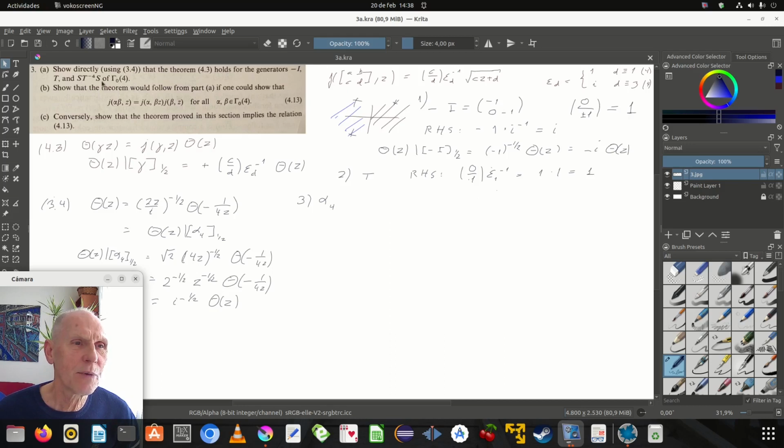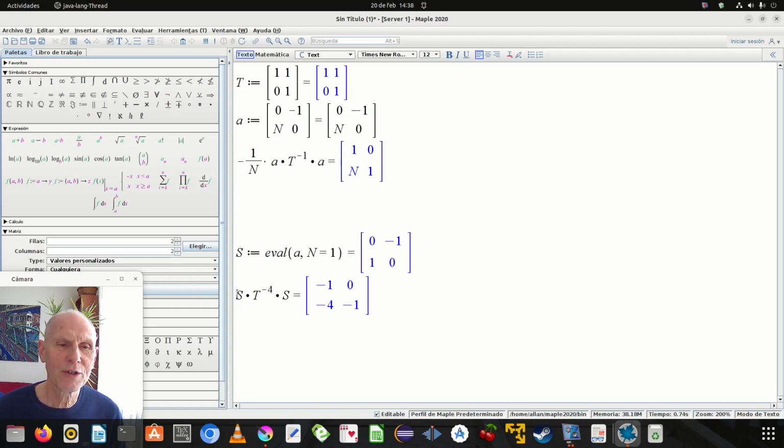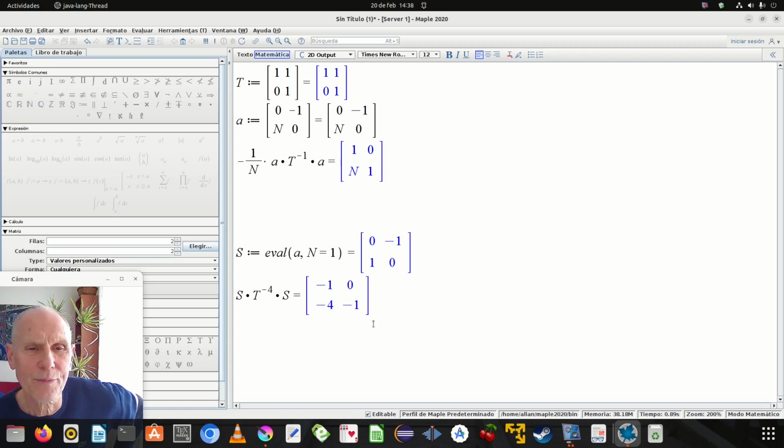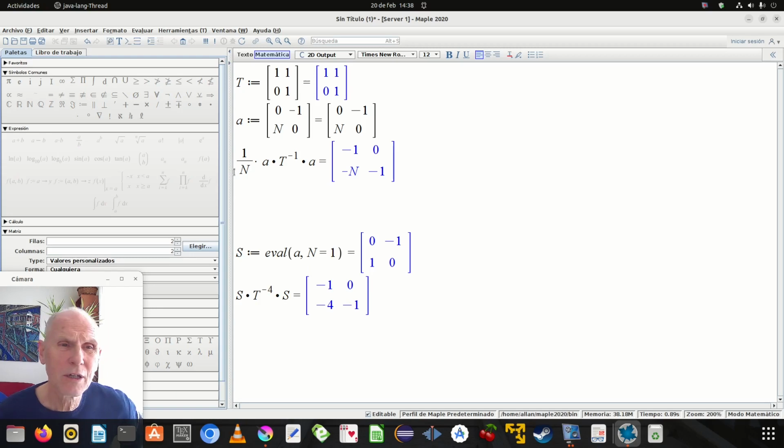And then the last generator, I thought this would be the formula, but then the generator they had was this guy, and I think we should maybe, what about taking out that minus? So it's just 1/nth, which does nothing, and then a t to minus first a.